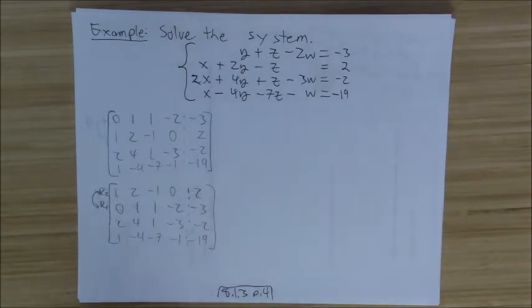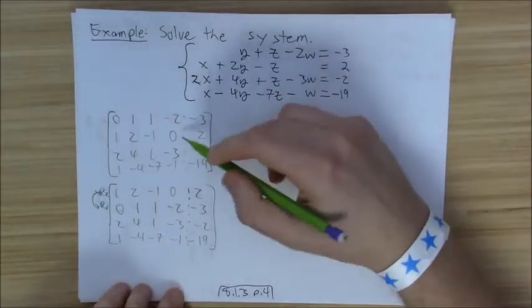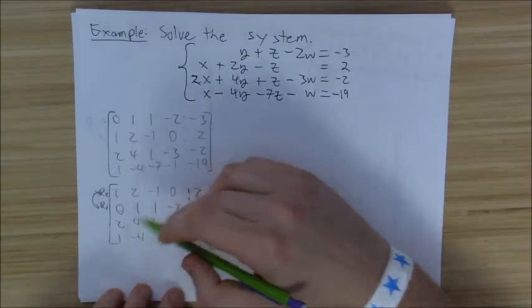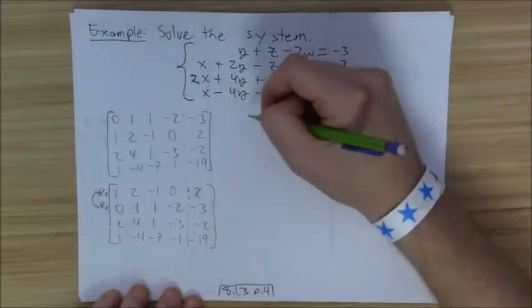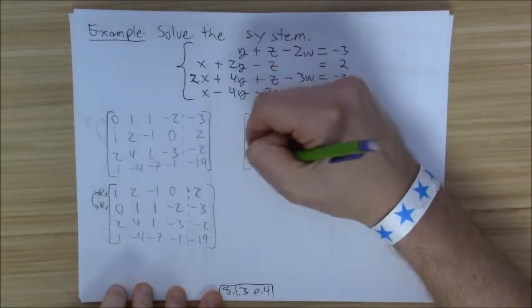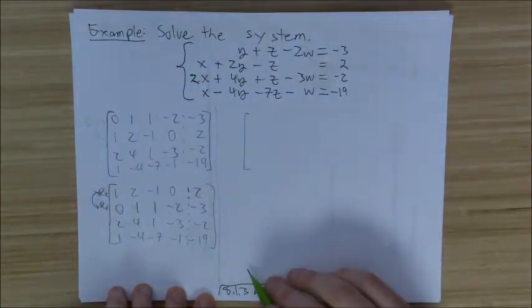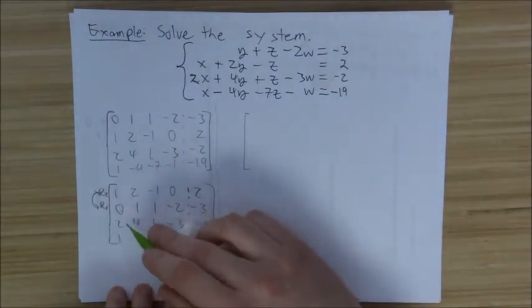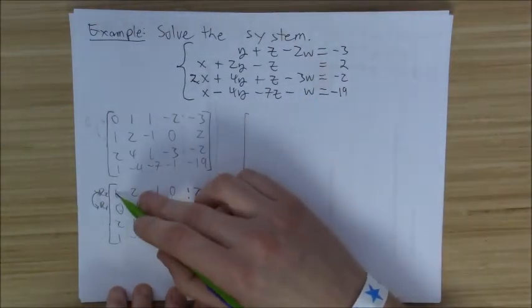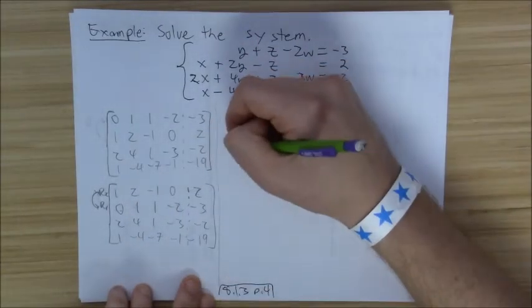All right. And then what we're going to do is we're going to do a couple of things next. I'm going to do 2 row operations because I want to zero out both of these. To zero out both of those, I'm going to add -2 times row 1 and add it to row 2.